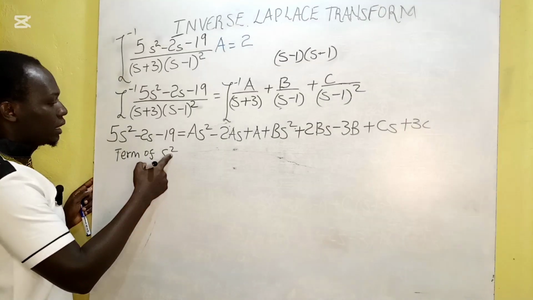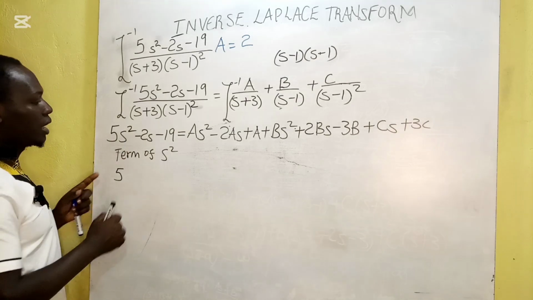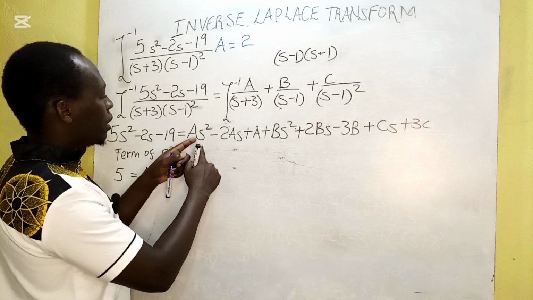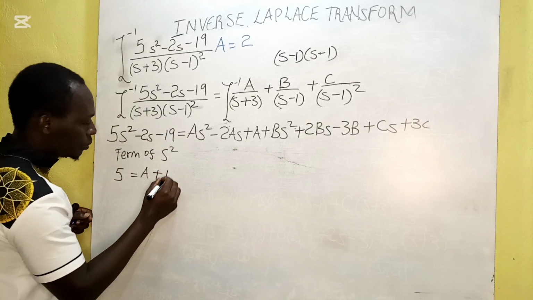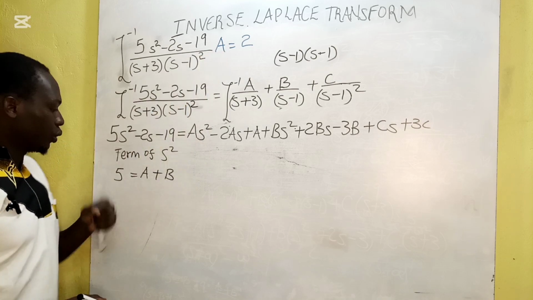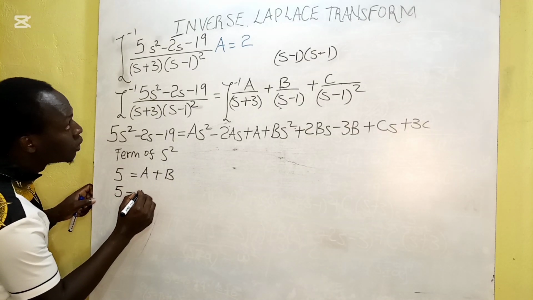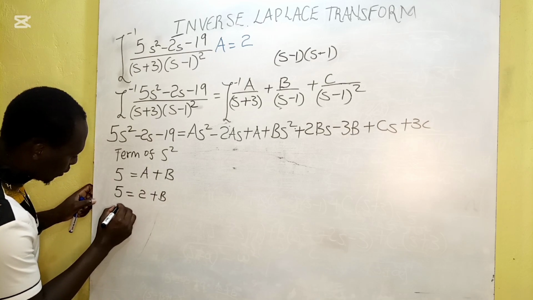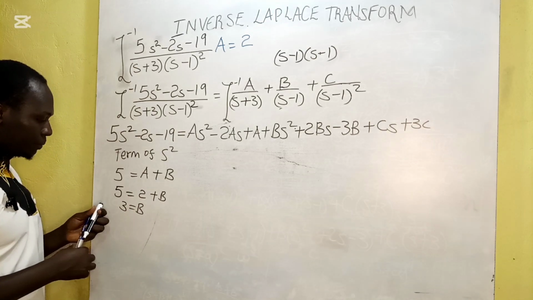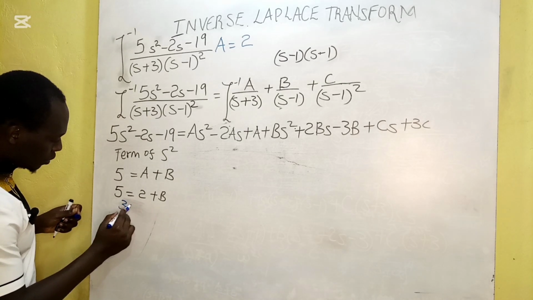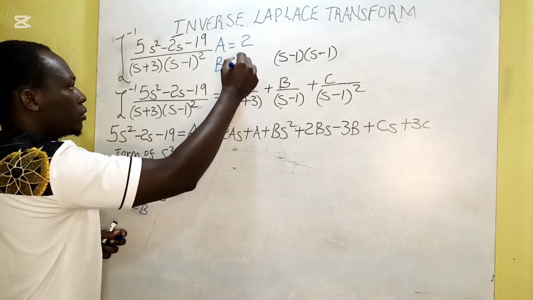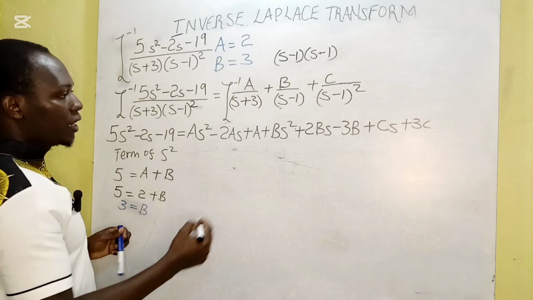And by taking the value of s², we are going to have 5, because here we are having 5s² is equals to A has got a term of s², we come and add B. By using the cover up rule, we say that the value of A was equals to 2 here, to mean that 5 is going to be equals to 2, we add B, and now the value of B is going to be equals to 3. So B now is equals to 3.